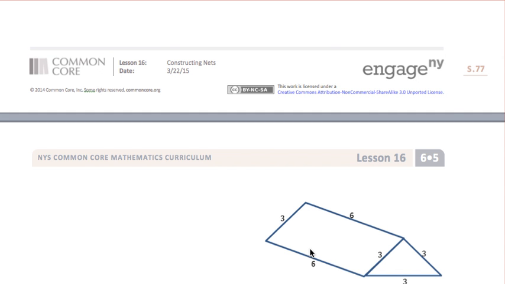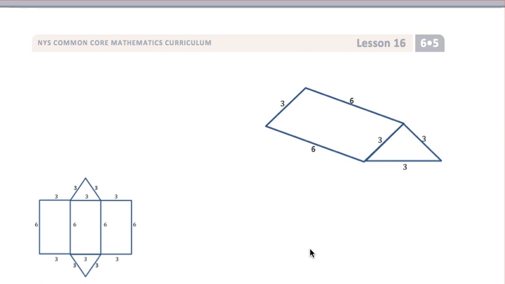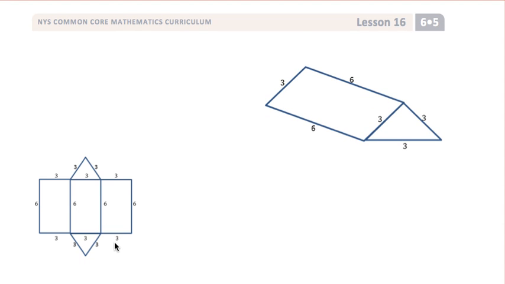And then check one possible arrangement, keeping in mind that you're going to have 2 triangular and 3 rectangular pieces. These rectangular pieces would be the lateral area, that's the sides, and the 2 triangles would be the bases.